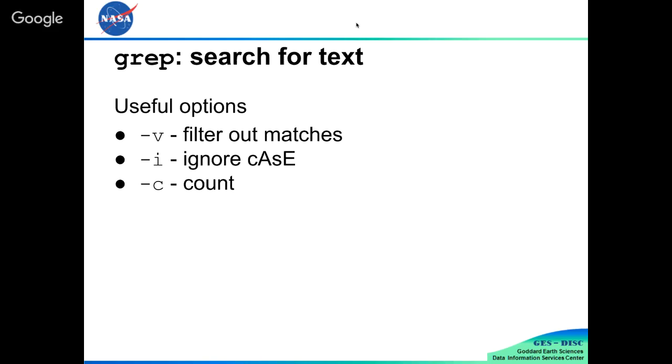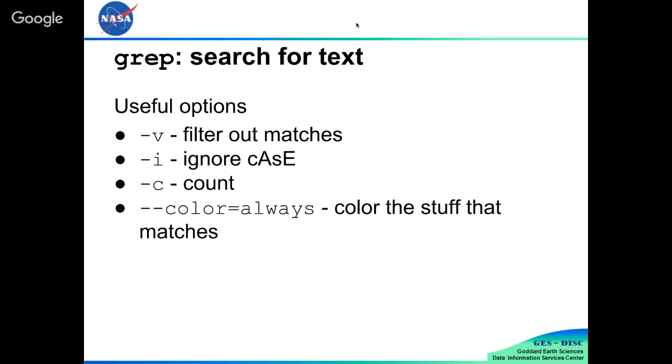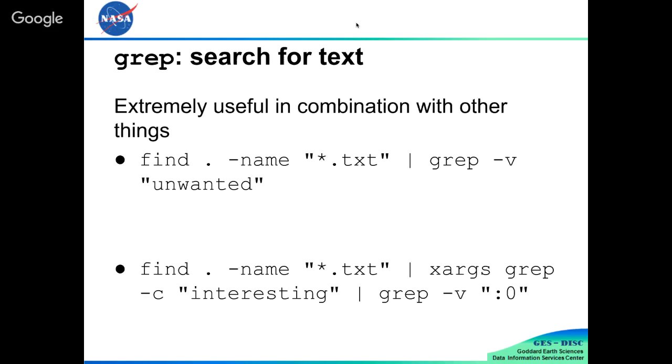Did I get that right? I think so. If it matches more than once in a line, I think you only get one count, although I could be wrong on that, but it's useful. And --color=always says color the stuff that matches my expression.